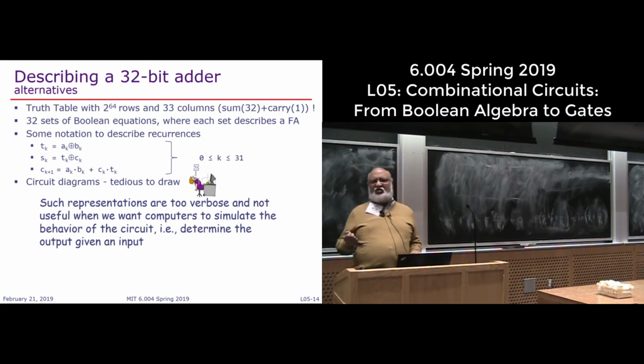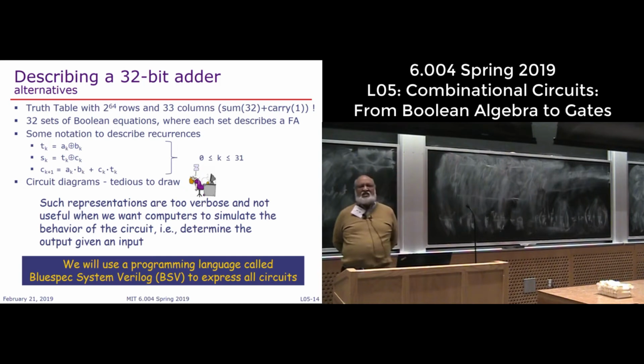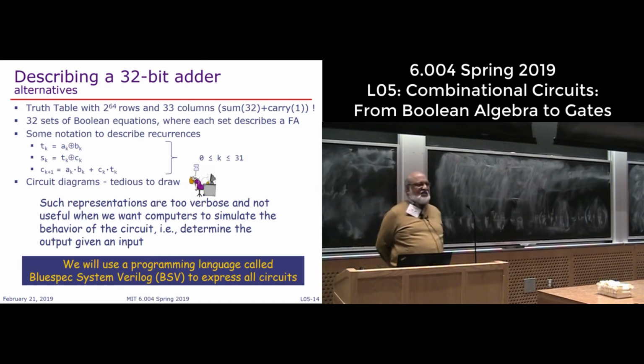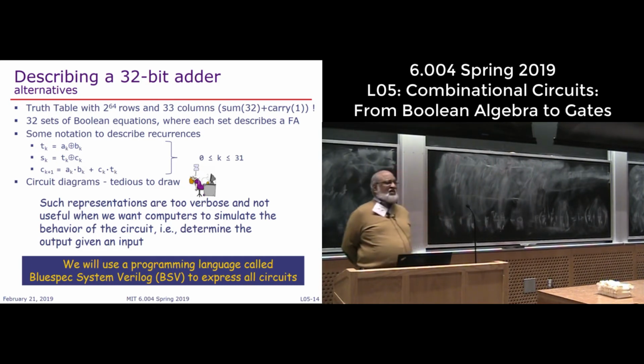And the moment we want, given the input, some output, what do you think of? Programming, right? We need some formal language, we need some syntax, we need some way of describing it so that it can be done. And in this class, we will be using BlueSpec SystemVerilog, sometimes called BSV, which in this course we call BlueSpec. It is a hardware description language, to actually describe circuits and to be able to simulate them and see the answers, etc.